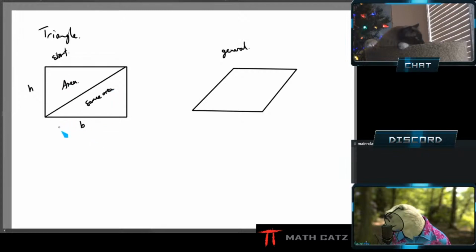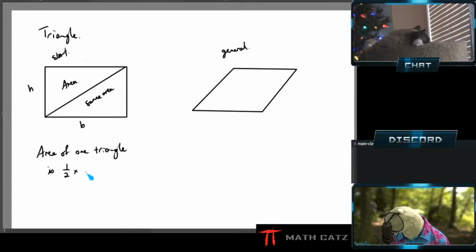So the area of one triangle is going to be 1/2 times the area of the rectangle, because they're the same.